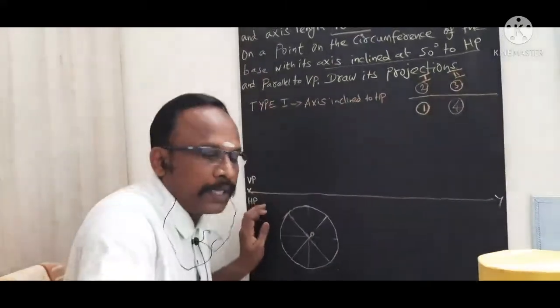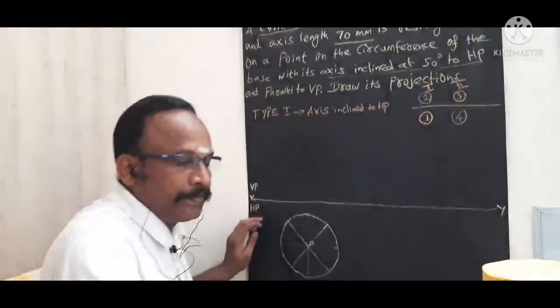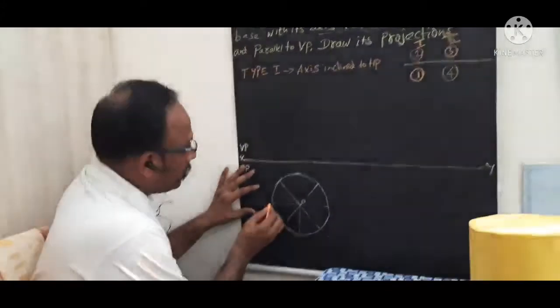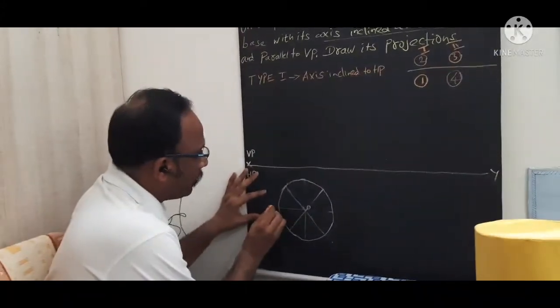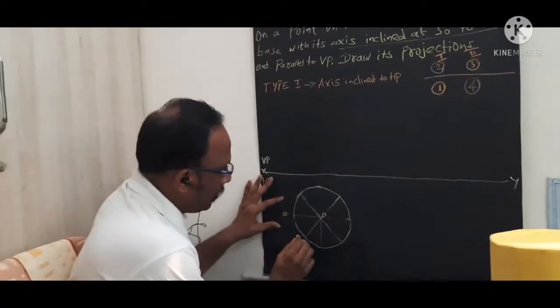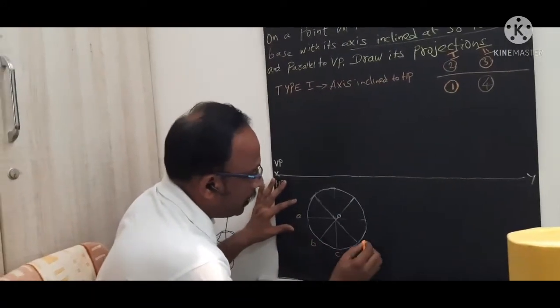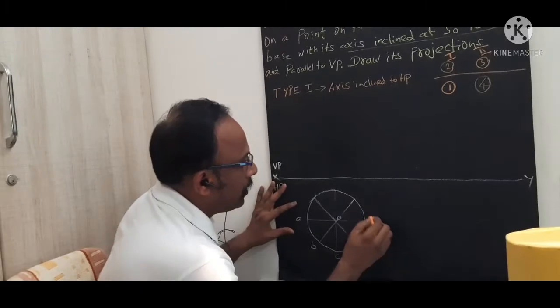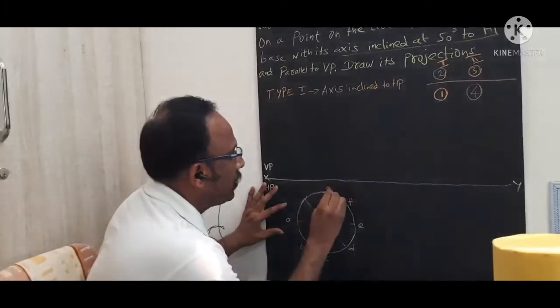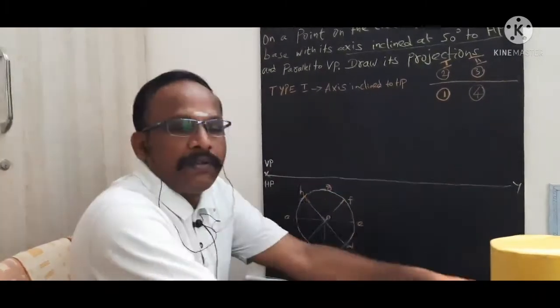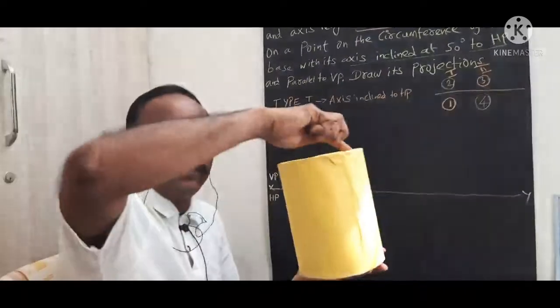Now I am going to mark the points or name. This is my point, the top points A, B, C, D, E, F, G and H. Because we have the cylinder, the top points are being marked.